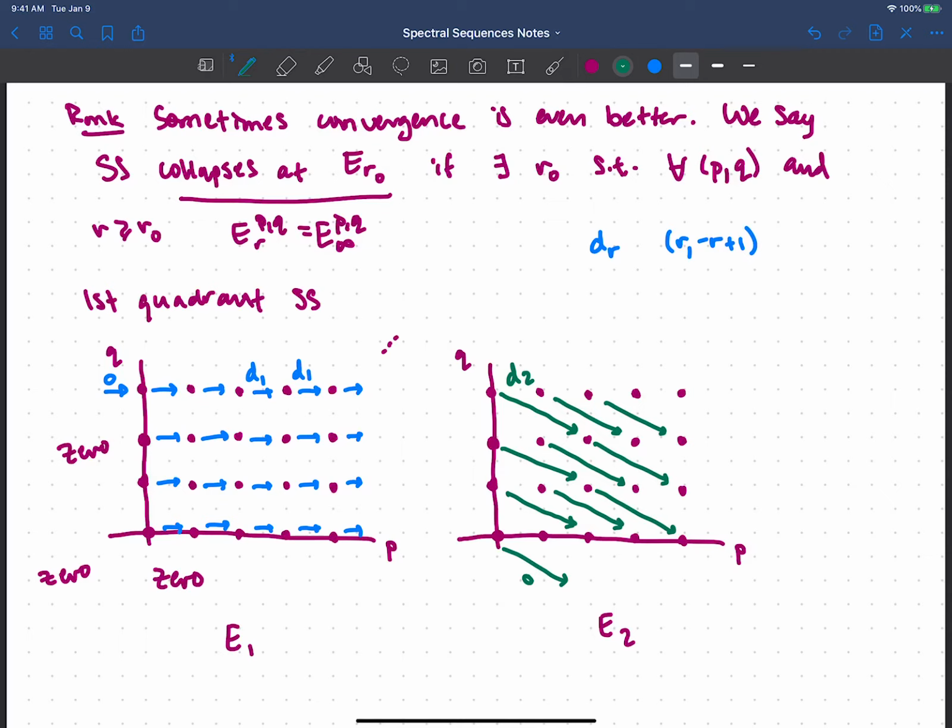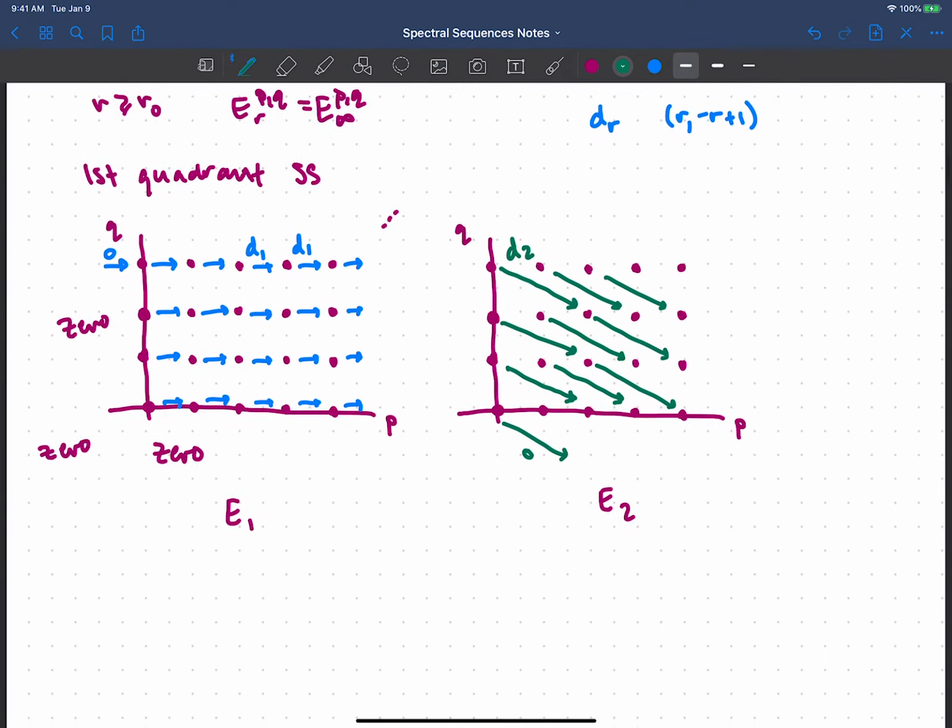Now, I want to draw the next page with some D3 differentials, and those should go over 3 and down 2. Yes, arithmetic, okay.